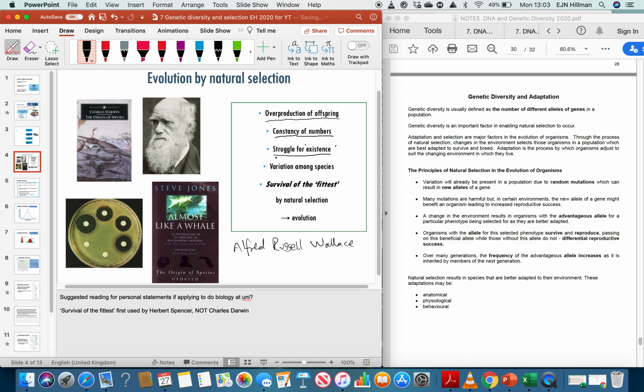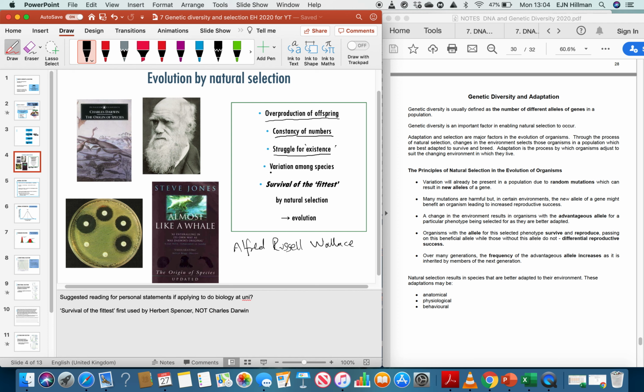Some organisms would struggle to survive long enough to reproduce. Therefore, the constancy of numbers, despite the overproduction, can be explained by this struggle for existence. There is competition between the individuals within a species, and then there are things like predation and disease, which might mean that some of those individuals that were born die, and the numbers in a population remain the same.